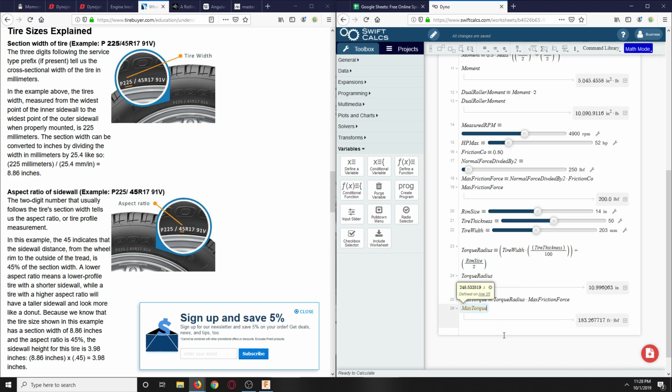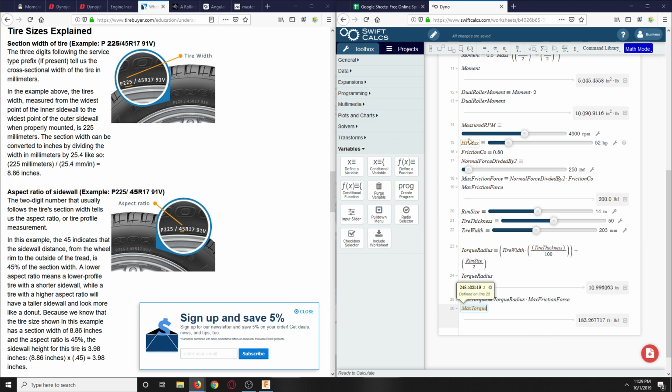Now, that's the max torque, which is basically the distance from the center that you're driving with the engine, the center of the tire, to the end of the tire, and the friction that you could put along this tire. So what that means is I could put down 183 foot-pounds of torque.